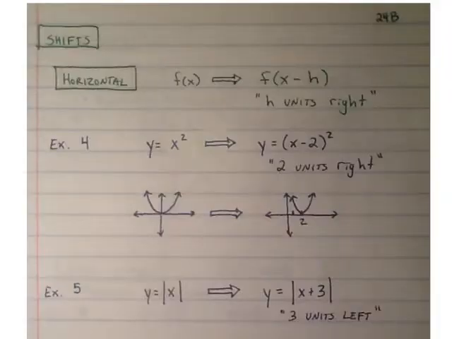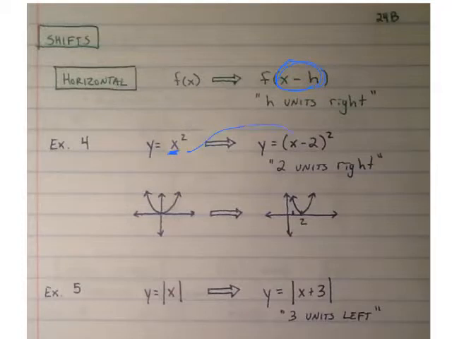The next type of shift is a horizontal shift, and that's our second of 6 transformations. For the horizontal shift, instead of adding a number to the end, we modify our x value. All of our x's get replaced with x minus h. So in the example of our parabola, we had variable squared.